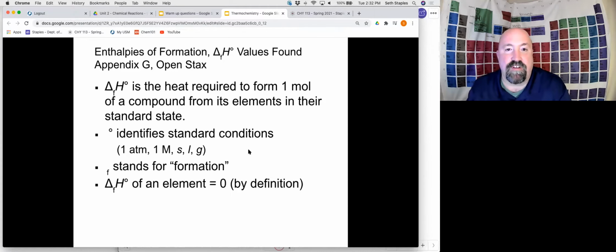And so what we're going to do here, there's a couple things that we have to recognize for this problem. First thing we have to recognize is, is our equation as it's written balanced? And it's not, is it? So we need to balance that equation because our process demands that we multiply our heats of formation by the number of moles that were present.